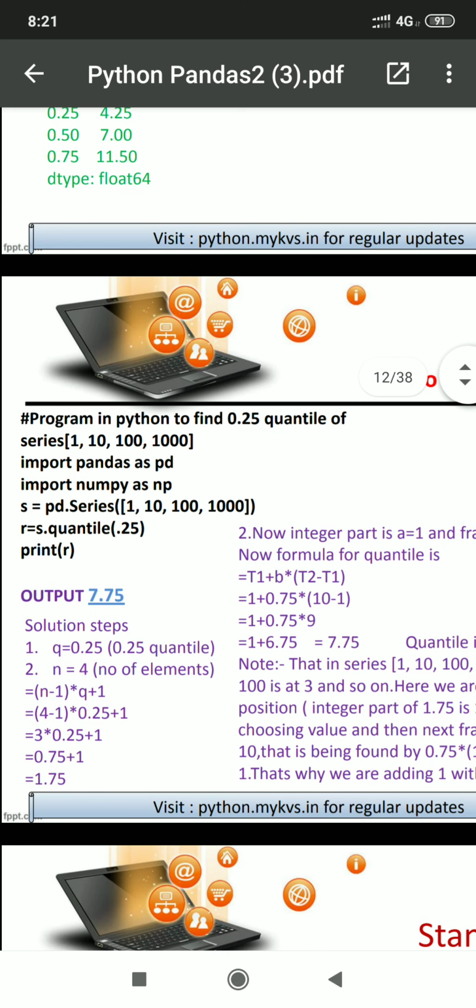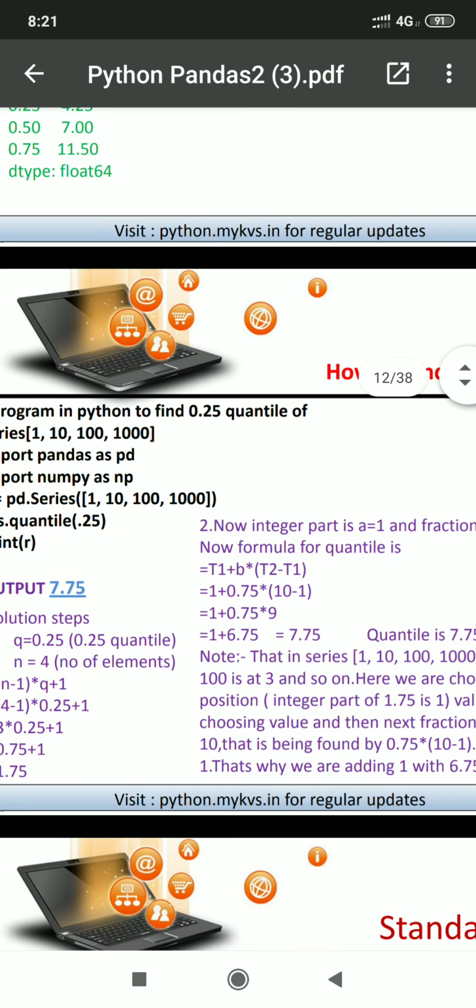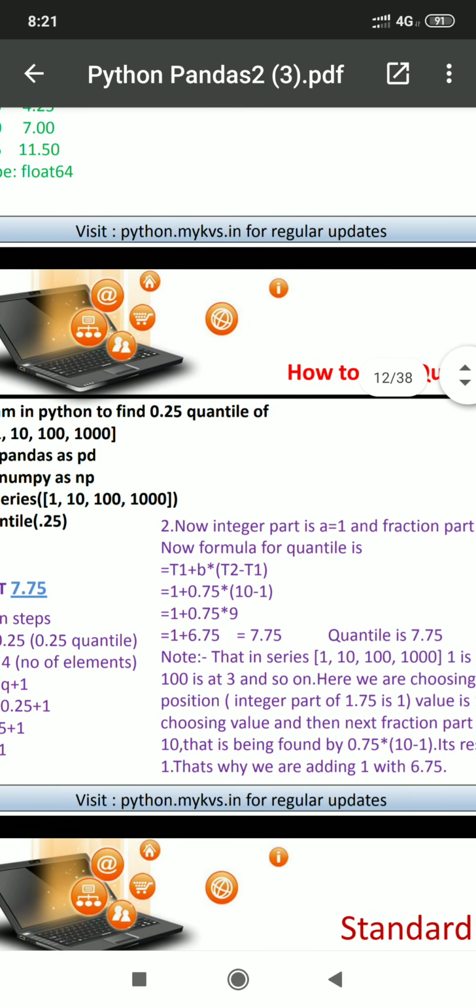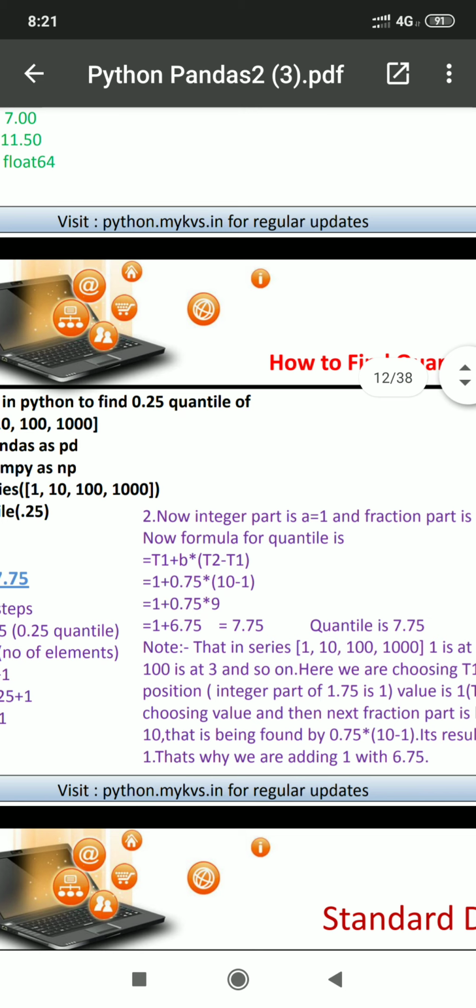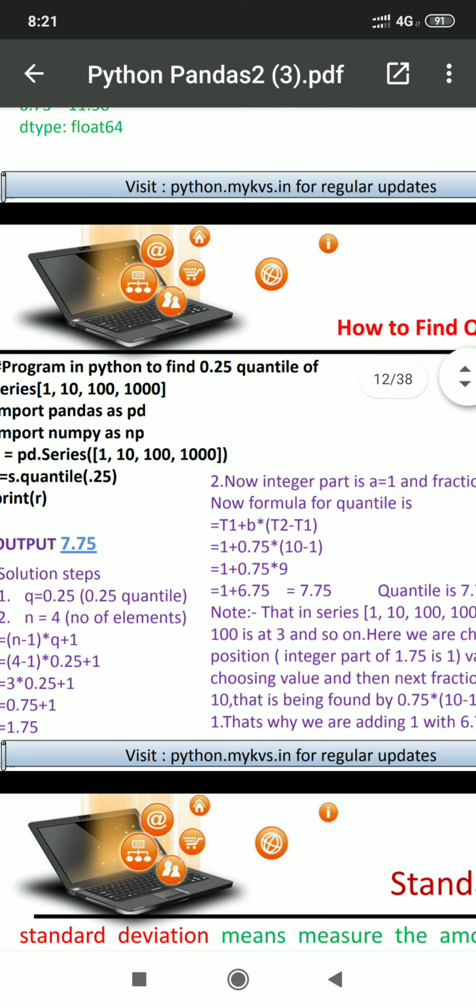Its result is 1 plus 0.75 into 9. If we multiply first, according to the BODMAS rule, 0.75 multiplied by 9 is 6.75. Again, if we add this to 1, it will be 7.75. So our quantile is 7.75.